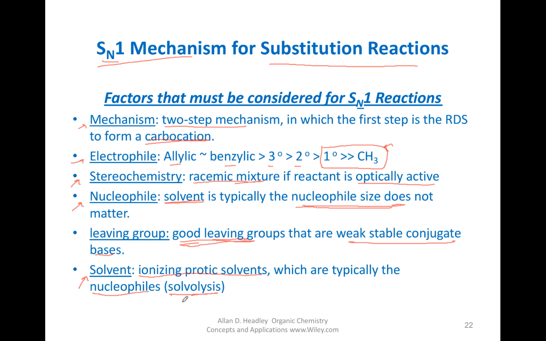As you can imagine here, the type questions that you'll get is to ensure that you understand the mechanism, because it's a two-step mechanism in which a carbocation is generated, and a lot of different aspects can happen to a carbocation, such as rearrangement and of course resonance, giving unexpected products.